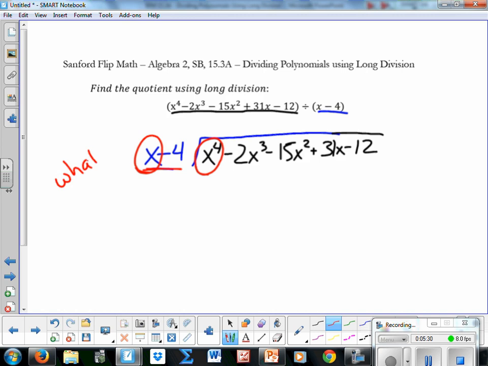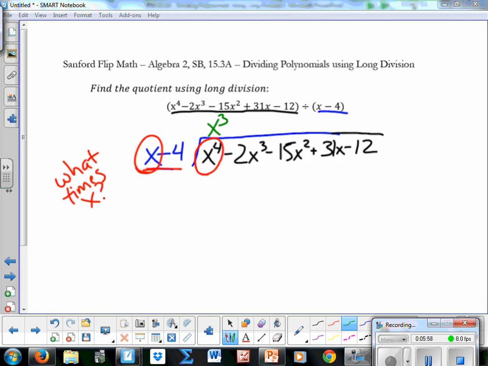So all I'm thinking here is what times x? What times x gives me x to the 4th? Well, in this case, we have x cubed times x gives me x to the 4th. So that's what's going to go up above in that division box.